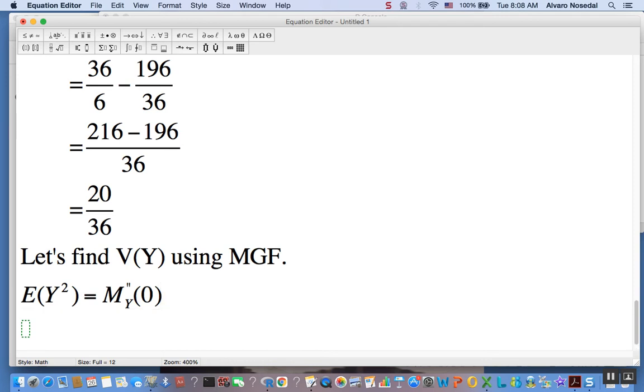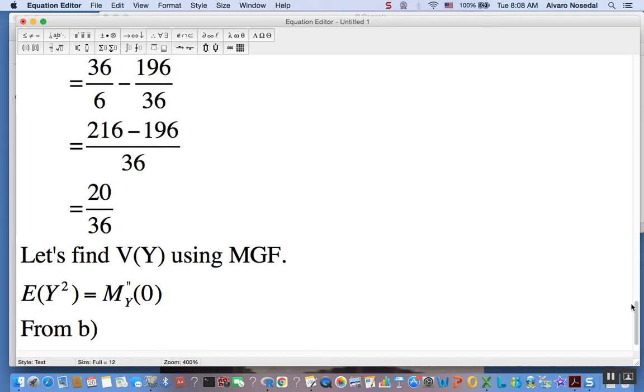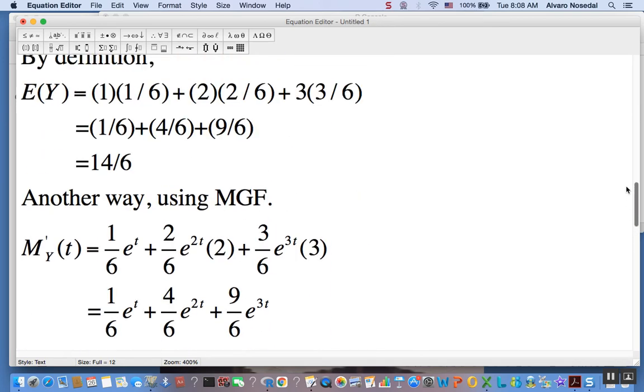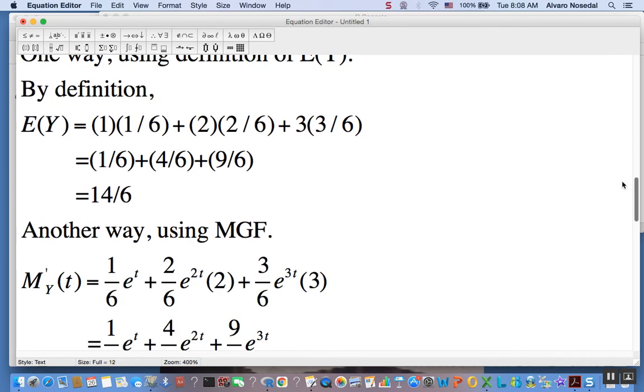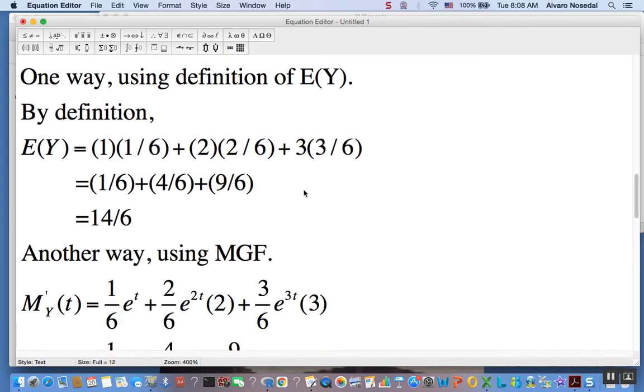Okay, here we go. So it was part B where we found the MGF, right? From B, we will need the MGF. We have it here. Okay, we have the first derivative of the MGF, right? Well, the MGF was already given, so we found the first derivative of the MGF, so we will need the second derivative.